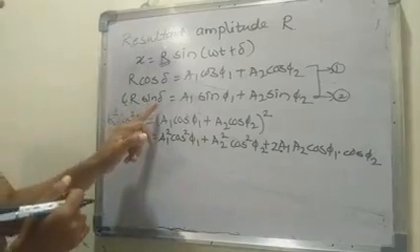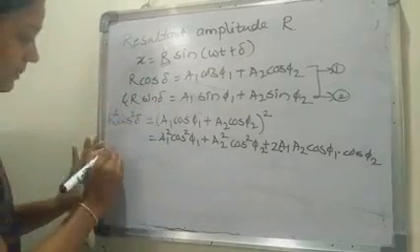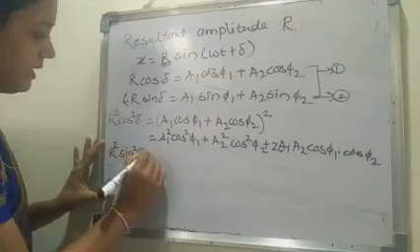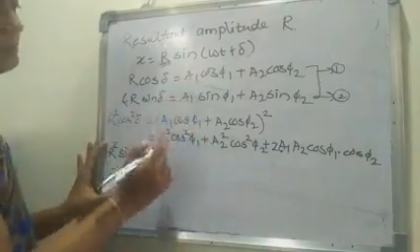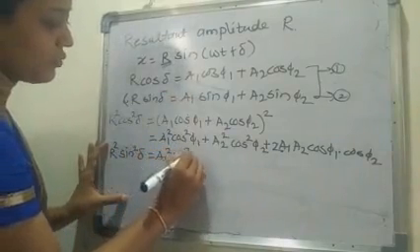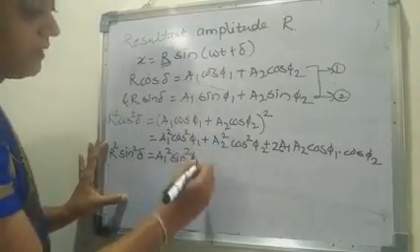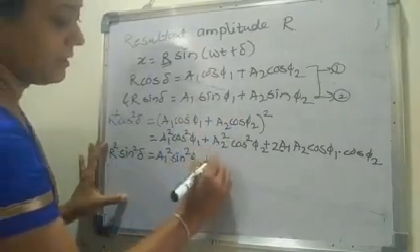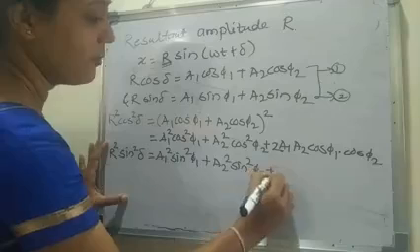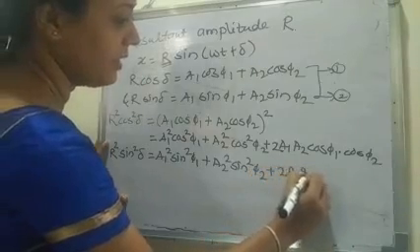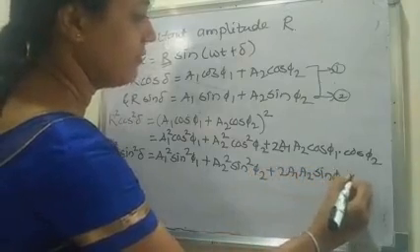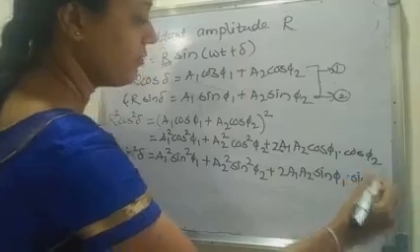Similarly, we square equation number 2, that is R square sin square delta equals A1 square sin square phi 1 plus A2 square sin square phi 2 plus twice A1 A2 sin phi 1 into sin phi 2.